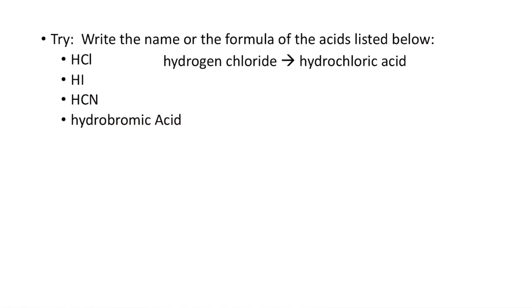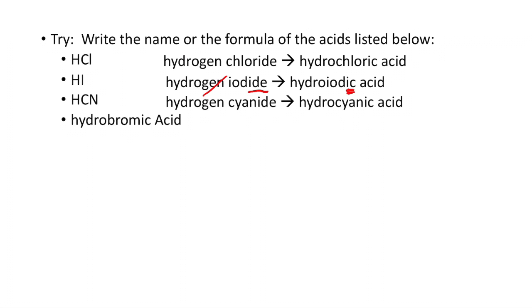So we did hydrochloric acid together. HI is hydrogen iodide, which we drop the gen, change the IDE, becomes IC, hydroiodic acid. HCN, hydrogen cyanide, so this is a polyatomic. Drop the gen, change the ending of cyanide, hydrocyanic acid.